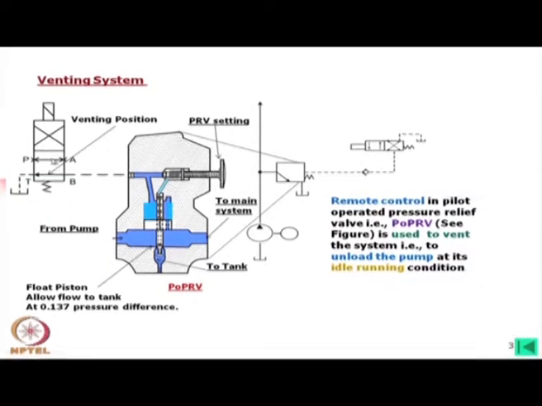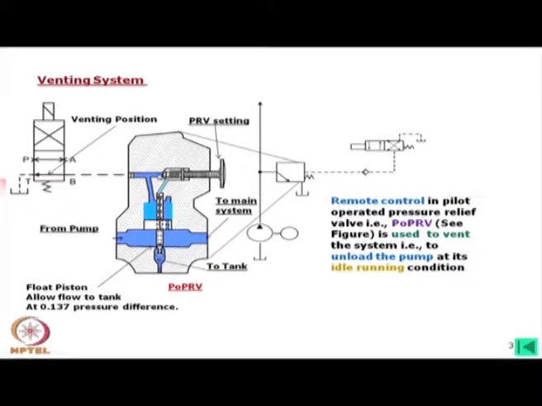Now, what happens? Let us consider it is initially closed. The oil is flowing through this, oil is also coming this side, this point is closed, that means oil cannot go this side, there is no flow. There is a setting pressure, the pressure relief setting pressure, say 10 megapascals. So the first thing that will happen is, when the pressure in the system exceeds 10 megapascals, this will open.